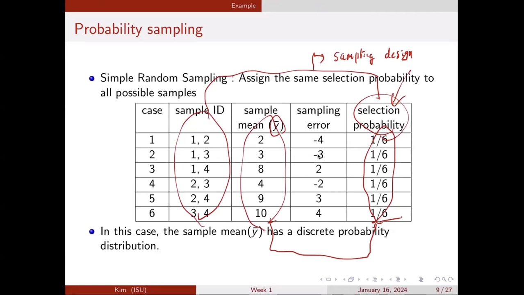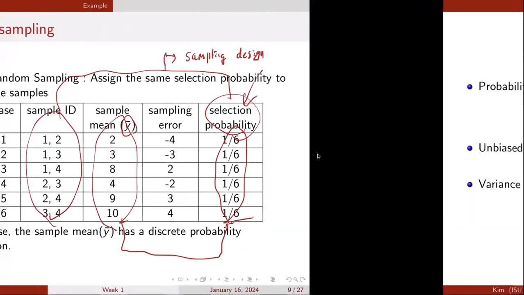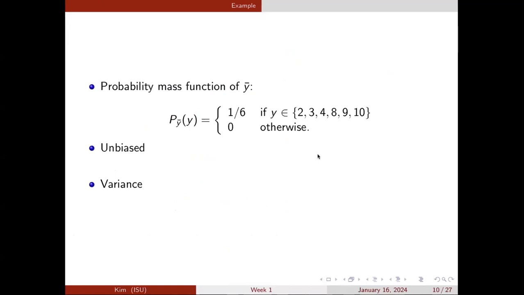So y bar becomes a discrete random variable with a known probability distribution. And now it becomes a mathematical statistical problem, right? Because I know the probability rule, I can compute the expectation, for example.